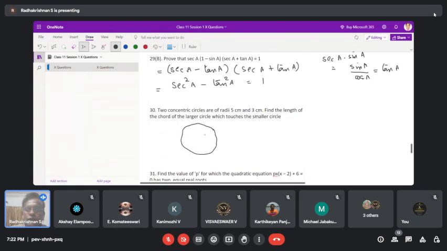We need a compass to draw it properly, but I'm just drawing like this. One is of radius 5 centimeter, the other is of radius 3 centimeters.